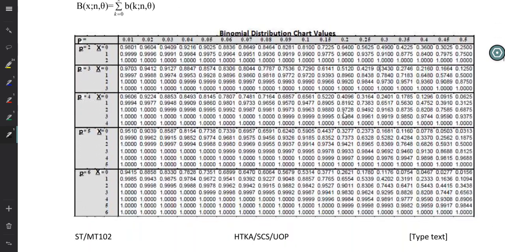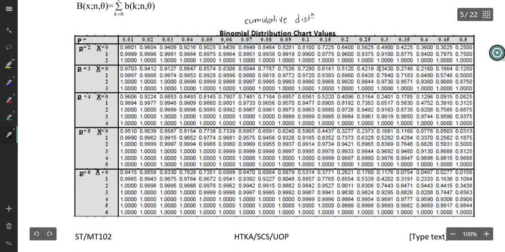Now you can see a part of the binomial distribution table. This is the cumulative probabilities, or distribution, of the binomial random variable. If you look at this table closely, the first row contains the probability of success.